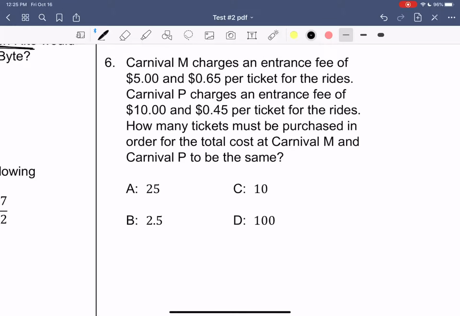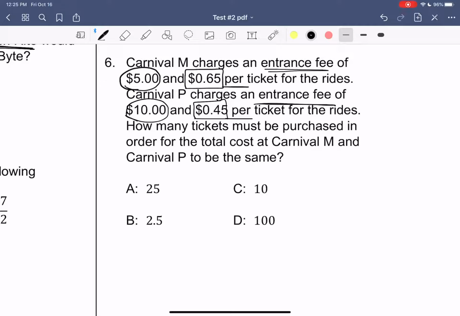So we have an entrance fee of $5, which tells us that this $5 is going to be a constant. And then we have 65 cents, which is going to be a variable because it says per. And then we have an entrance fee of $10 and then 45 cents per ticket.